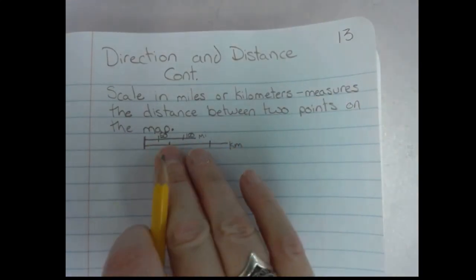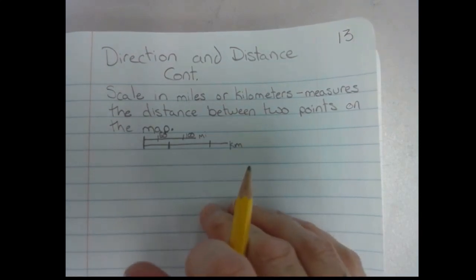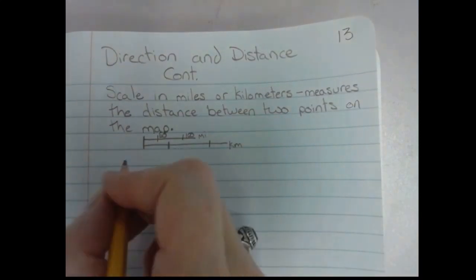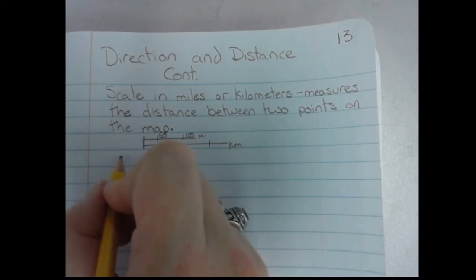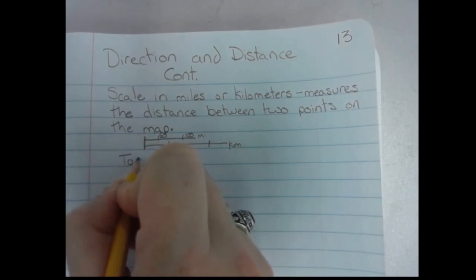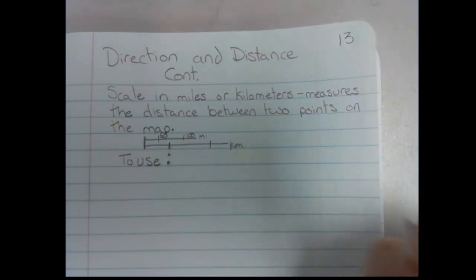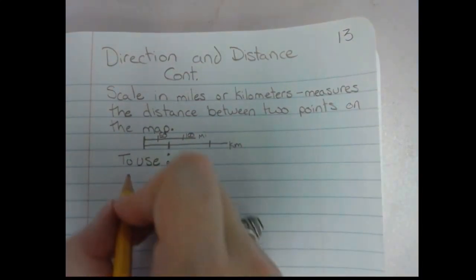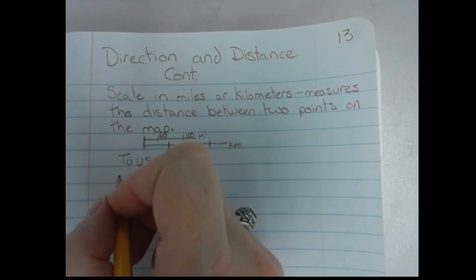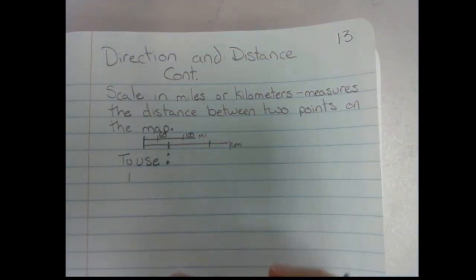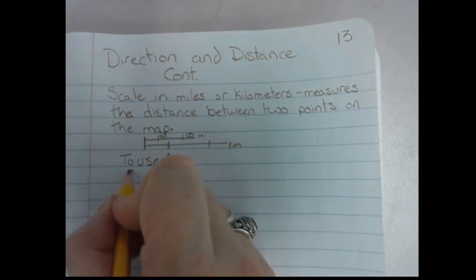We will just use this to help measure our distances. So, to use our scale, first thing that we're going to definitely need is a piece of paper or a ruler. You want a straight edge.